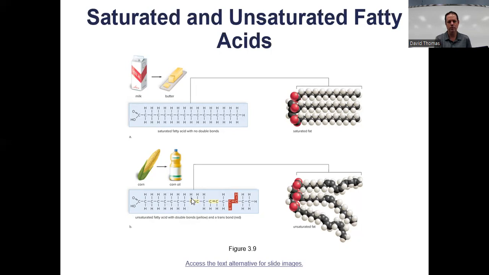I've got 1, 2, and then the double bond counts as 2, so I've got 4 bonds there. I can't add any more hydrogens to that carbon. So this is unsaturated. That's different than this molecule at the top. This fatty acid is saturated with hydrogen. I've only got single bonds all the way through. In other words, I can't add any more hydrogen here because it's completely saturated.